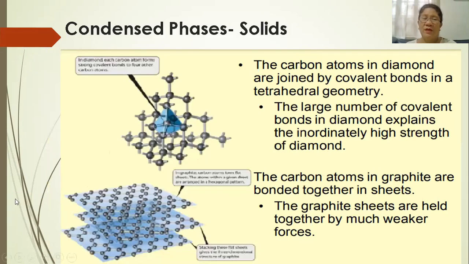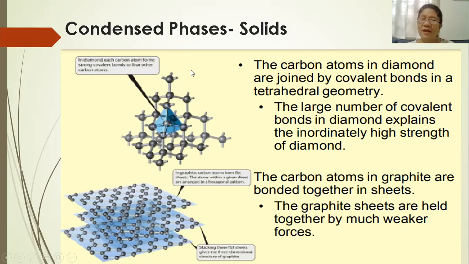So this is now the form of the carbon joined together in diamond. It is in a tetrahedral geometry, like this. So it's difficult to break the bond between these. Unlike with this, the flat sheets in graphite, which are held together by weaker forces.